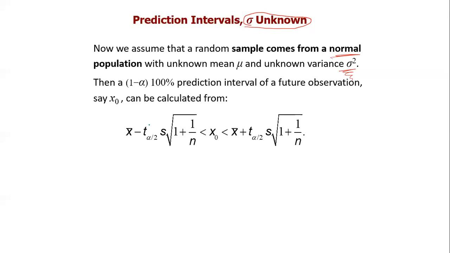You see this? The formula remains the very same. Instead of z I have t, and instead of sigma I have s now. So this is again the 1 minus alpha times 100% prediction interval when sigma is not known.